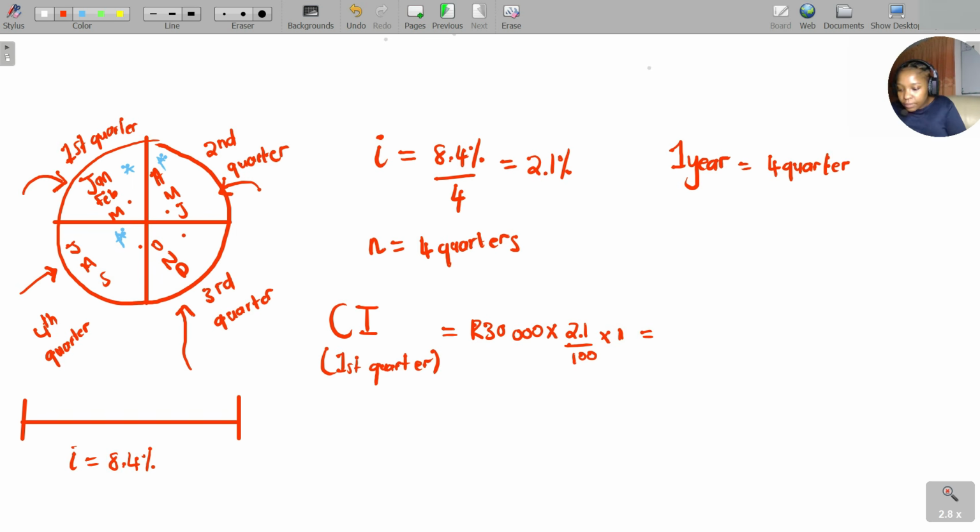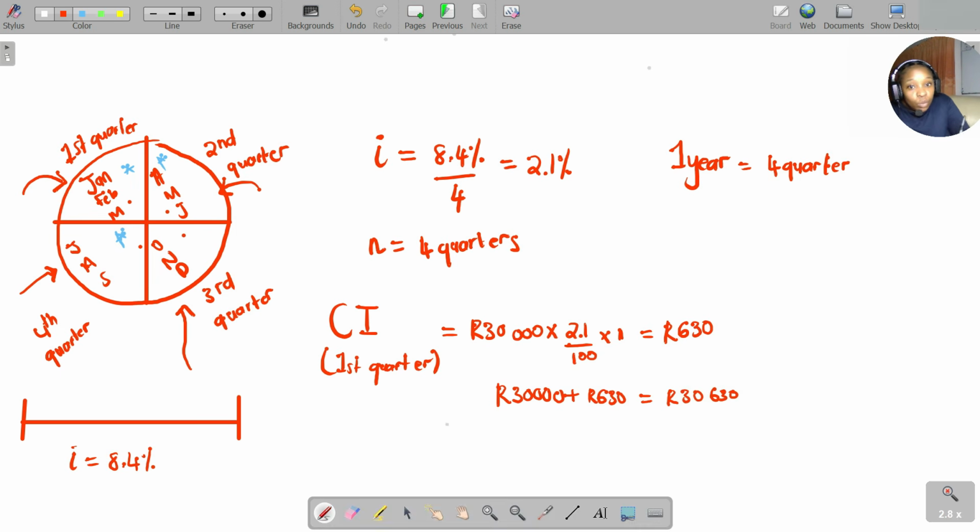How much do we get? 630. So after the first quarter, how much will she owe her parents? She will owe her parents 30,000 plus 630, which is equal to 30,630. That is the amount that she'll owe her parents after the first quarter.